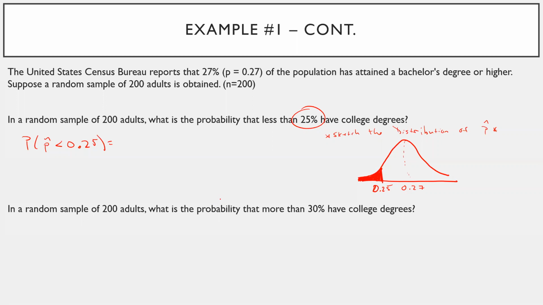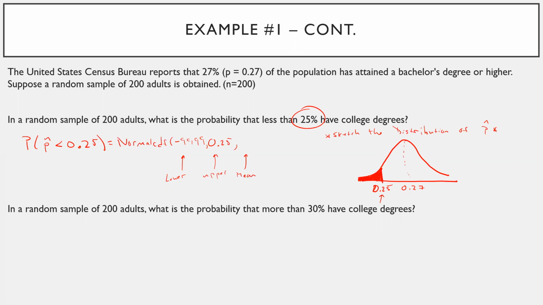Yeah, you know what you can use? You can just use your normal CDF here. So it's a left-tailed test, so my lower is minus 9999. My upper is 0.25. What always goes next here?